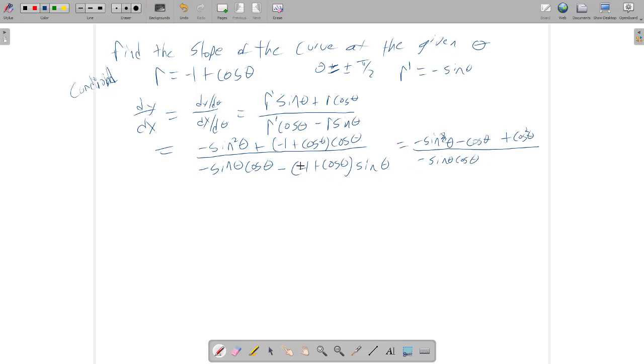Alright, I can basically just flip both those signs, so it'll be plus sine theta minus sine theta cosine theta.